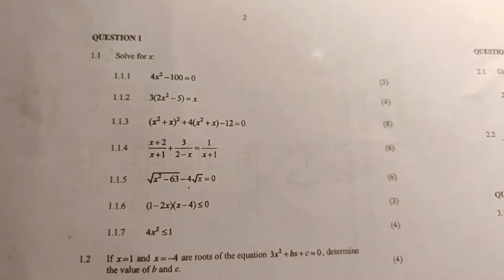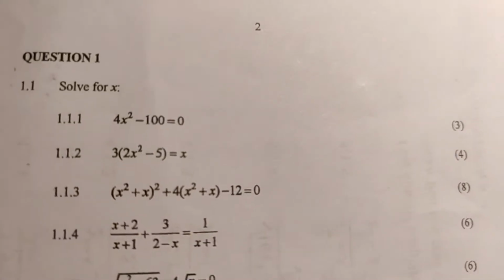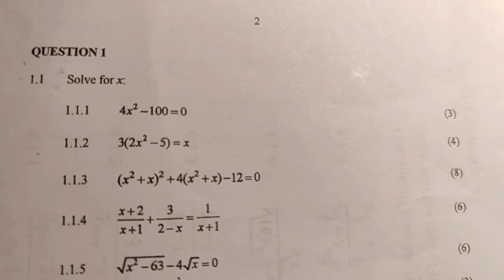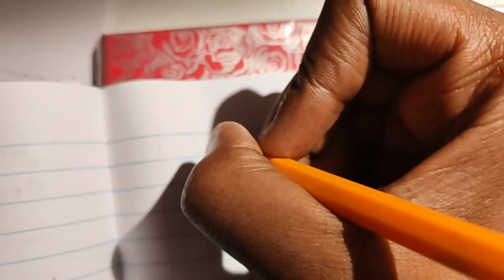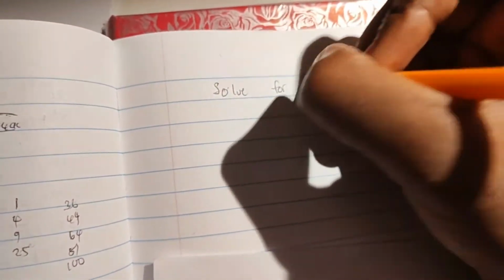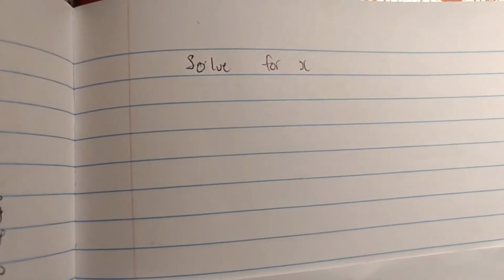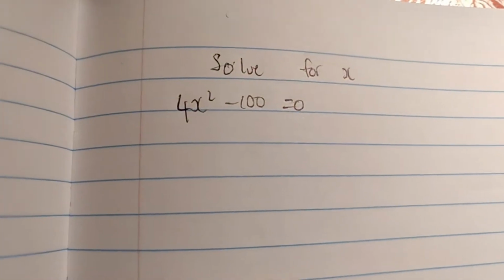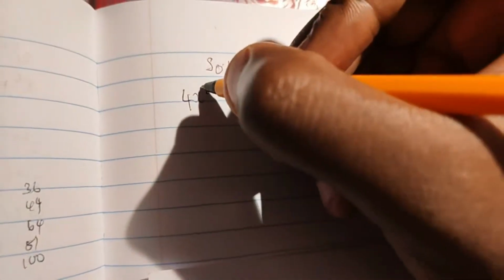4x squared minus 100. We are required to solve for x there. So there's the problem. It's 4x squared minus 100.